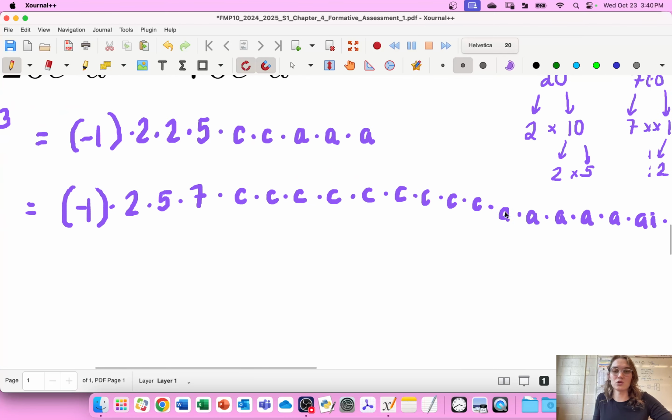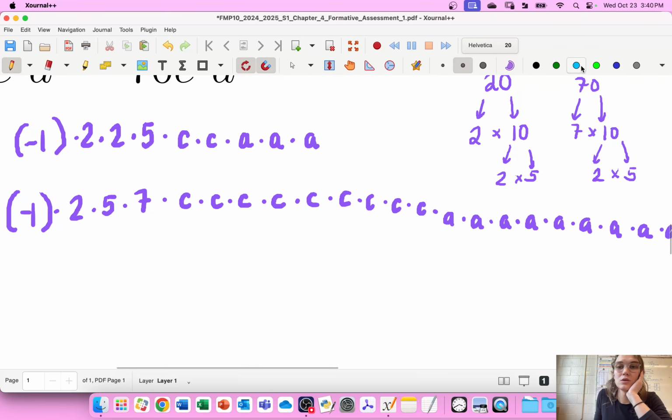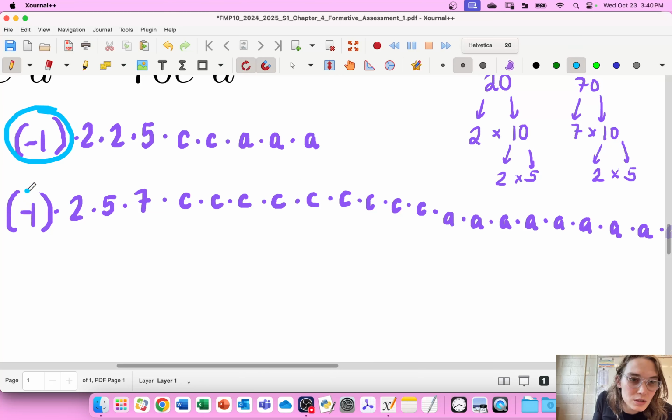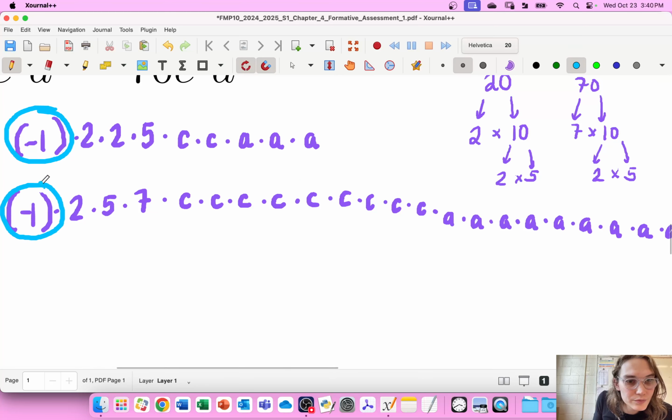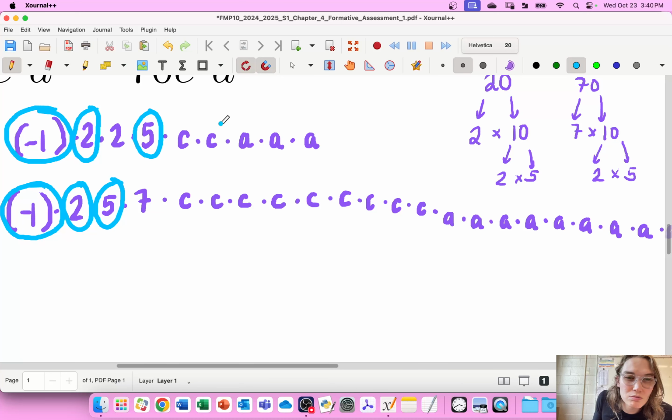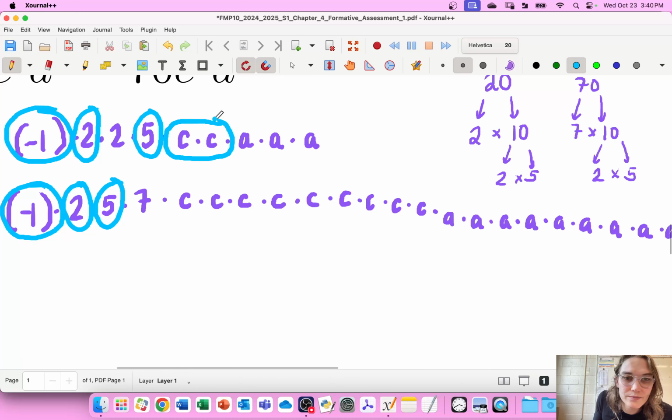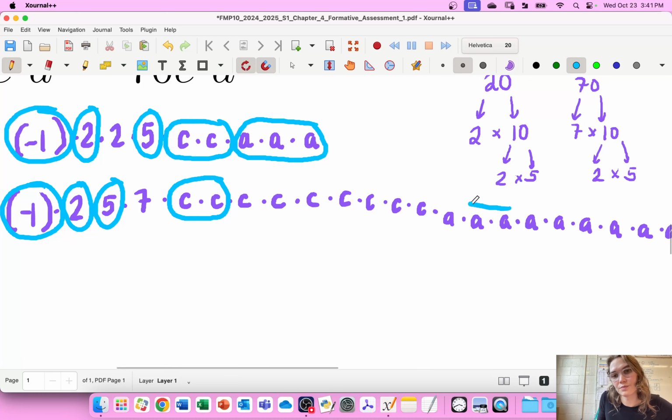Okay, so what's common? Well, I know -1's common. 2 is common. 5 is common. 2 C's and 3 A's are common.